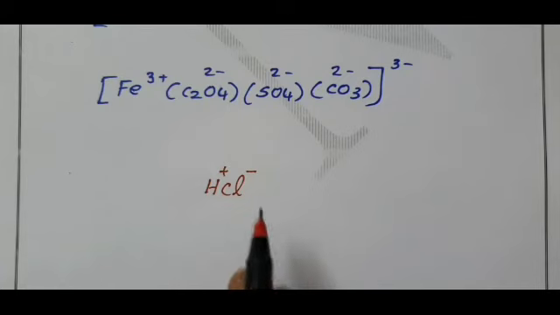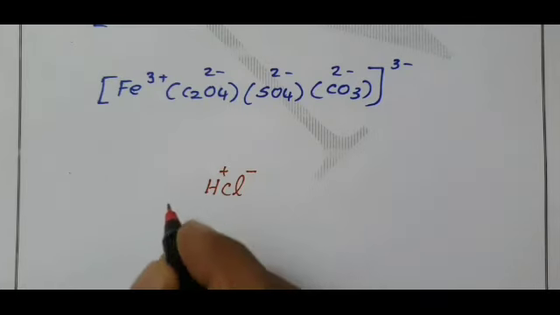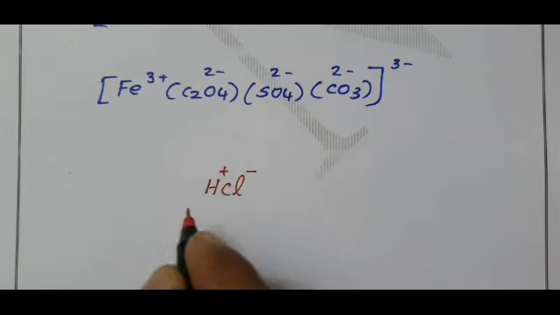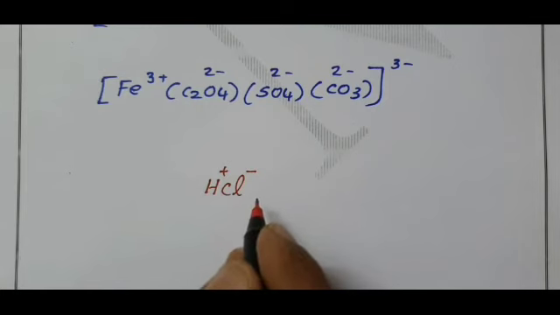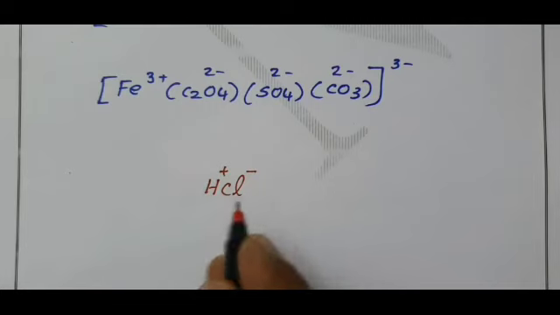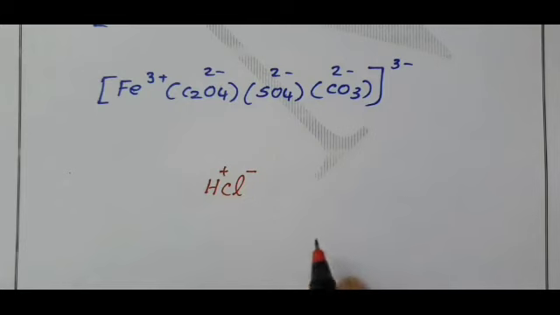As usual, in the cationic complexes, chlorido, bromido, iodido, their numbers are indicated by the prefix. 2 means di, 3 means tri, 4 tetra, 5 penta, 6 hexa. In the ambidentate ligand, like cyanido, the donor atom must be indicated with kappa C or kappa N.